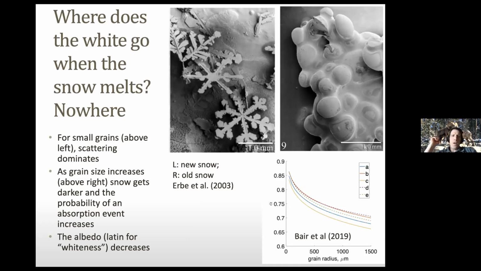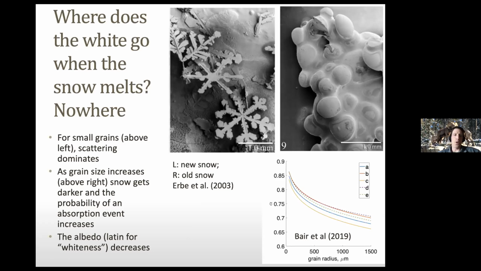So for small grains, and by small grains, that's usually new snow, if you look at the image on the left, those are your classic 6-sided dendrites. In fact, we don't really see snowflakes like that very much, especially here in the Sierra.